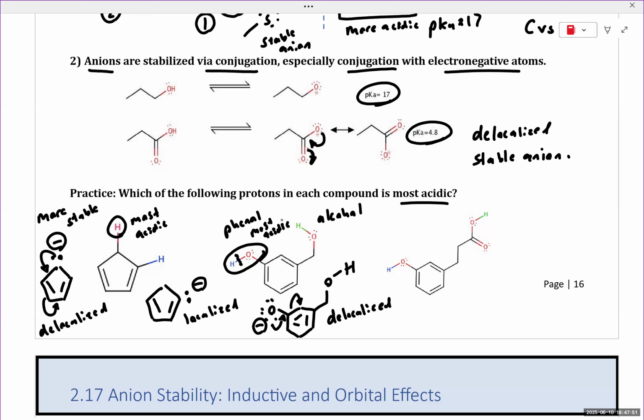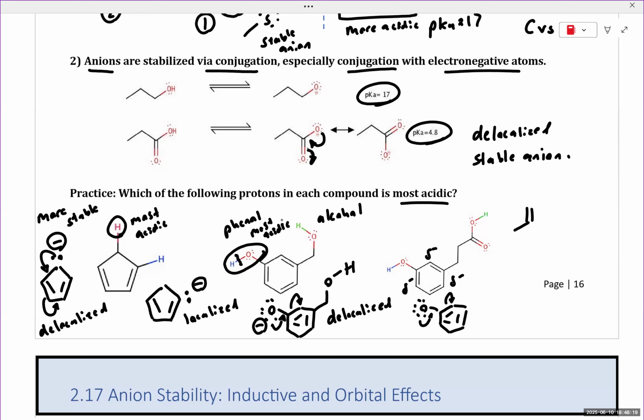So in this case, we have a phenol versus a carboxylic acid. The phenol would generate a conjugate base anion that is conjugated to the aromatic ring. So we can distribute this negative charge across our carbon atoms in this ring.